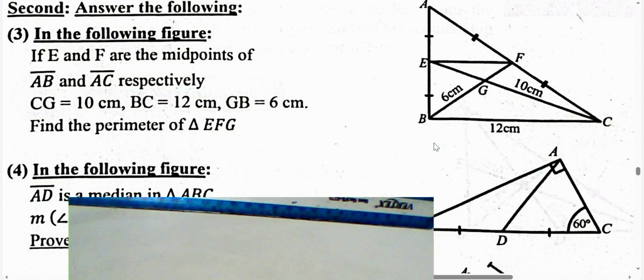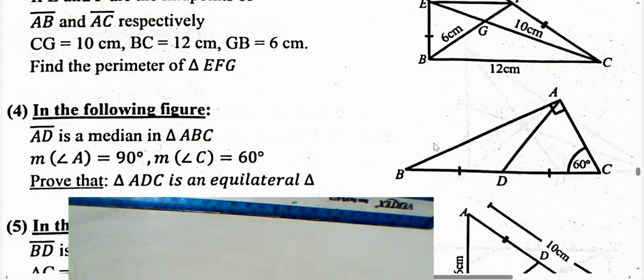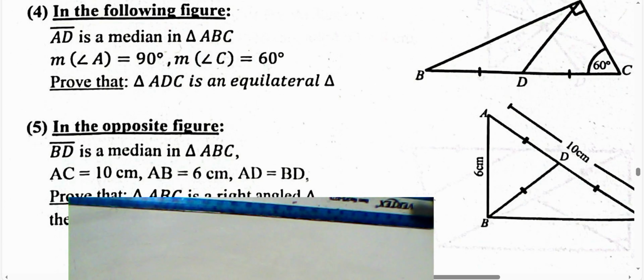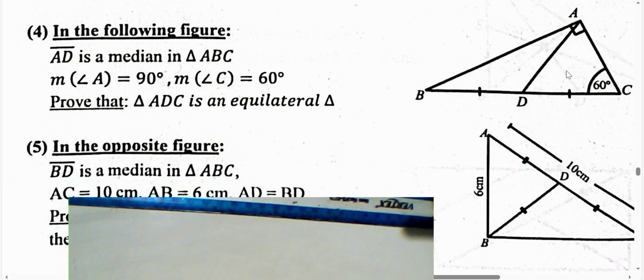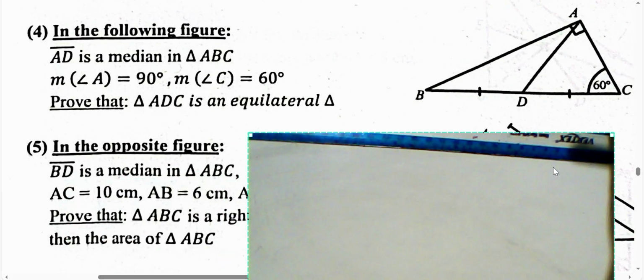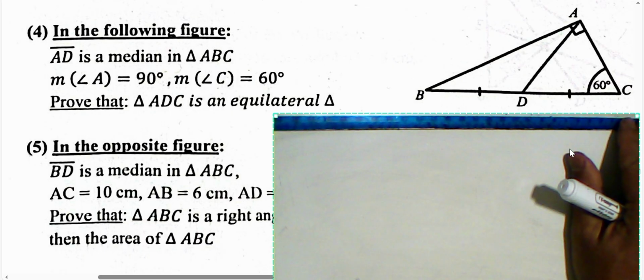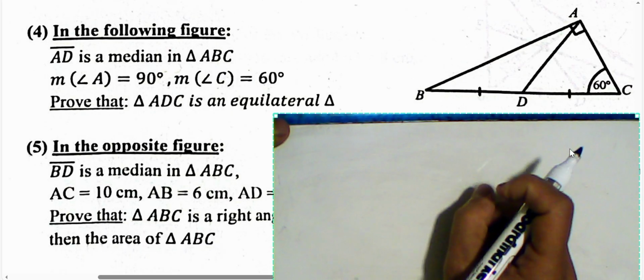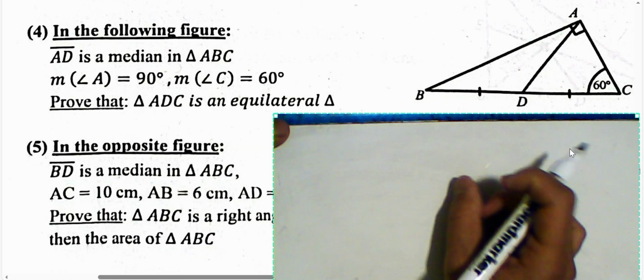Next question. Now we have a right angle triangle, and we want to prove that this triangle is equilateral. We want to prove triangle ADC is an equilateral triangle. Okay, we know AD is half of BC. How? Because AD is a median.